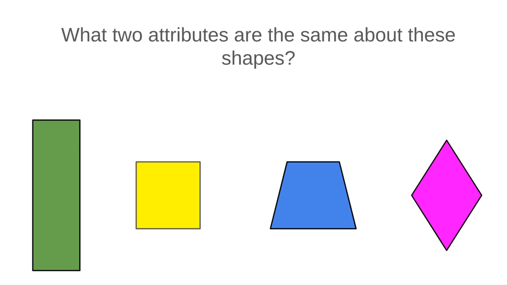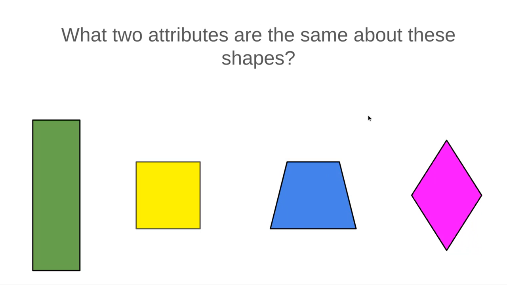All right, it's your turn. I want to hear you this time. You ready? All right. Look at all 4 of these shapes. 1, 2, 3, and 4. What are 2 things that are the same about these shapes? What do you notice? What are 2 things that are the same? Look at sides and corners.